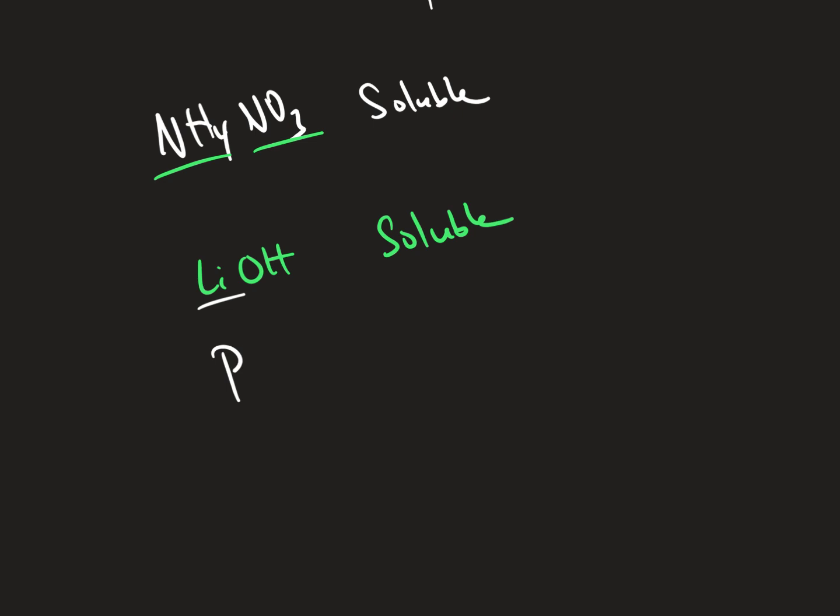What about PbCl2? It's insoluble. Insoluble because of what? Because chlorine is normally soluble, right? But the exception is with lead 2+. Is this lead 2+? Well, if you can't see it, then you do this, and we see that's lead 2+. Good?